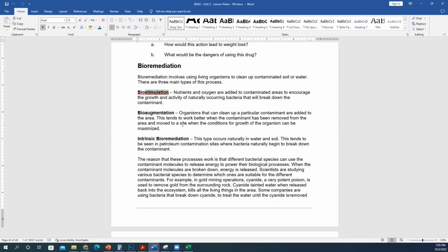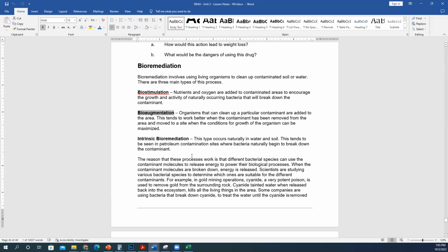And this tends to work best when you have a contaminant that has been removed from the area and moved to a site where you can better control the conditions for the growth of that organism and really optimize those conditions so you can really have those organisms performing at their best. So that's bioaugmentation. It doesn't work so well on site, but it works best if it can be moved to a controlled environment.